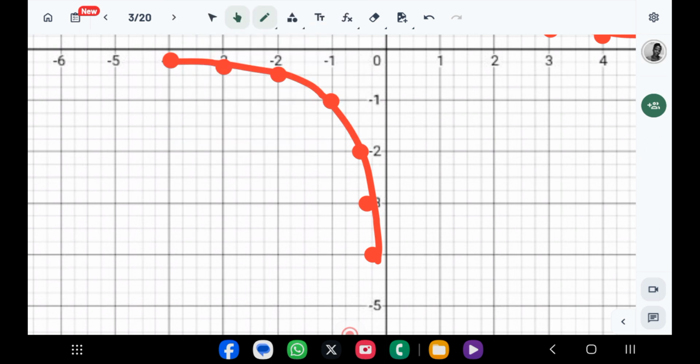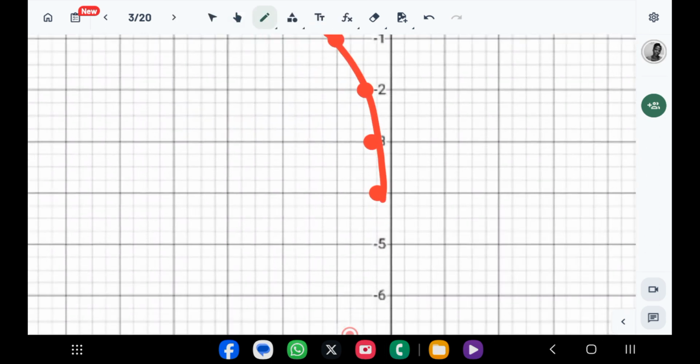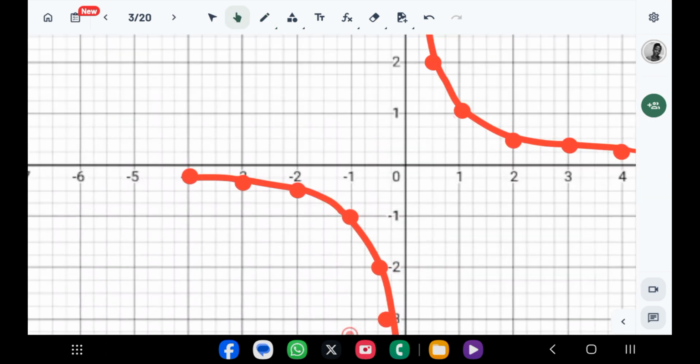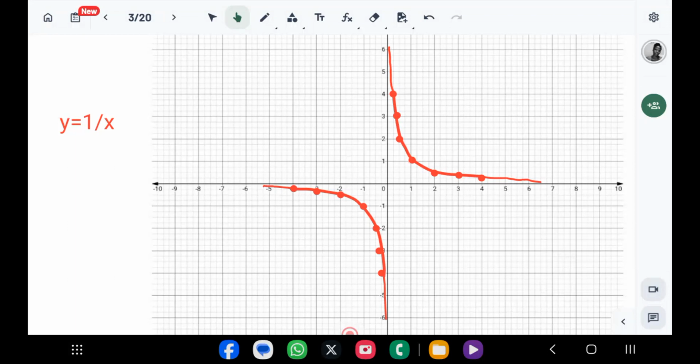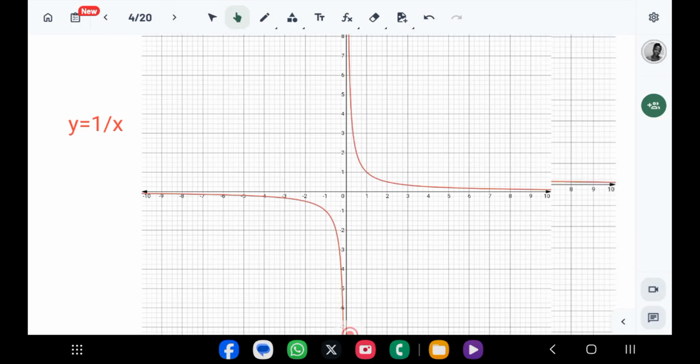The tail on this side will go, okay, and on the other side it will go, that's how it goes. And that's what the graph is going to look like. Obviously, we're not going to draw it accurately because the tails are a bit tricky to draw, but this is what the graph calculator showed us, meaning that we got the graph very correct.